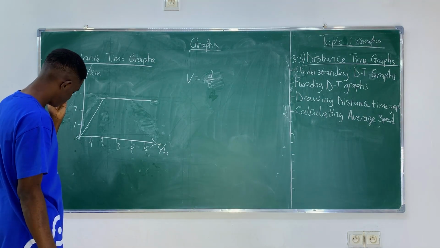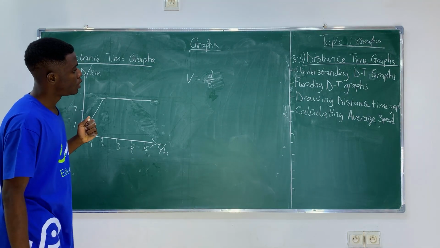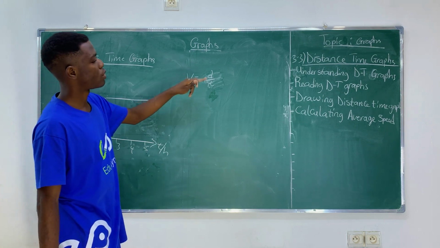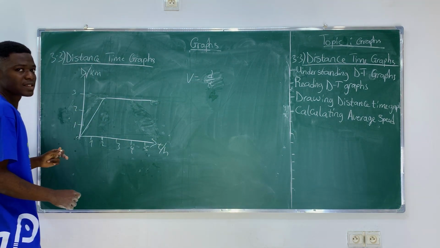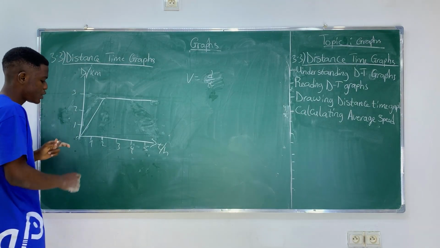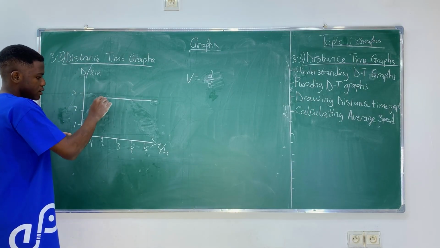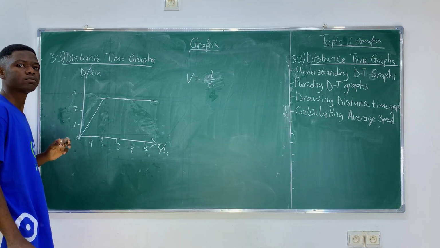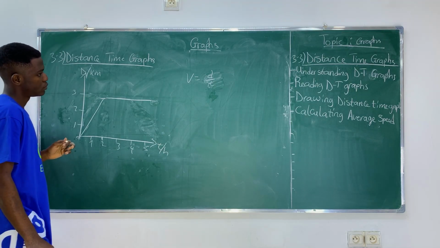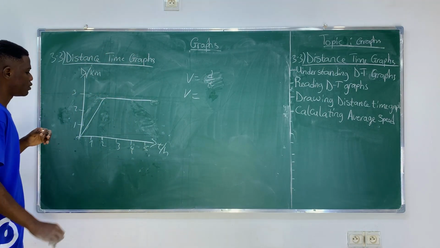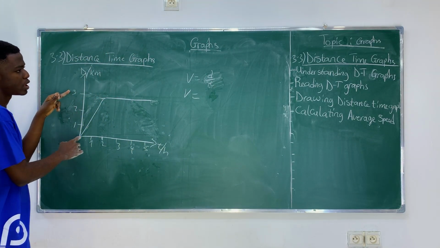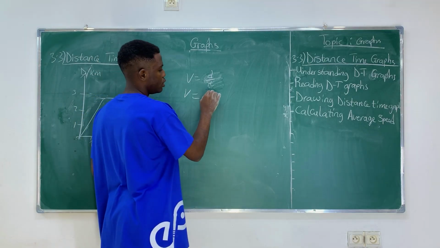So, the formula for speed is distance over time. That's the distance here, the time here. So what is the distance that the person traveled? The person traveled this distance, right? So v is equal to the distance the person traveled from 0 to 3 kilometers, 3 kilometers.